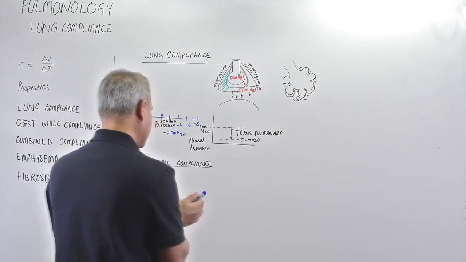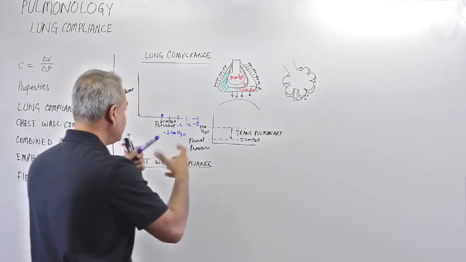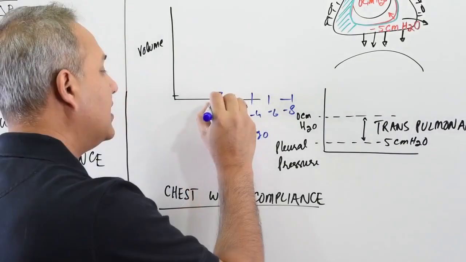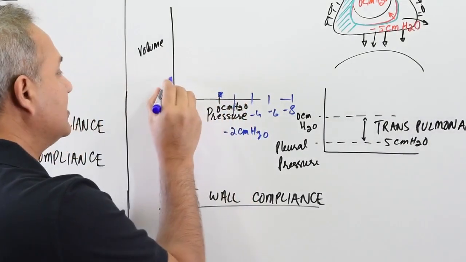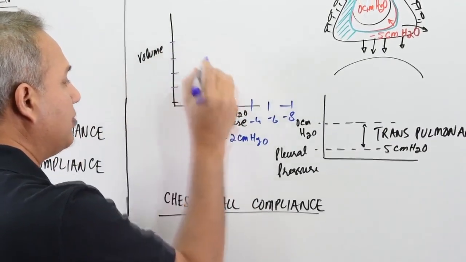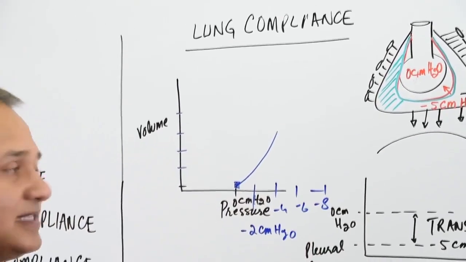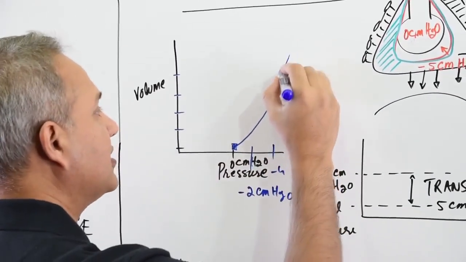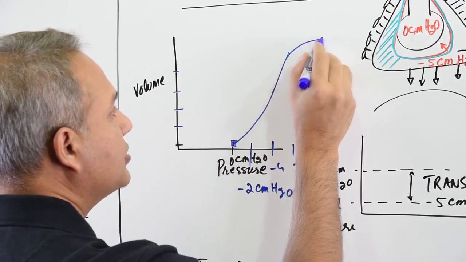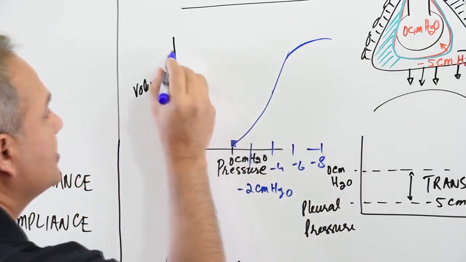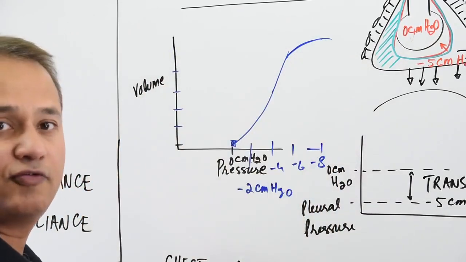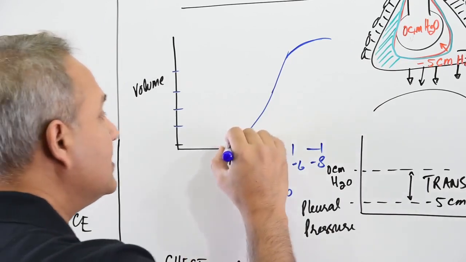As the lungs are shrunken and you increase the pressure, the lung volume starts increasing, going up like this. At some point when the lungs are fully inflated, the volume change becomes less for the pressure change.